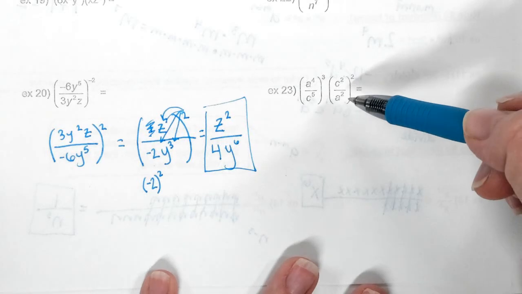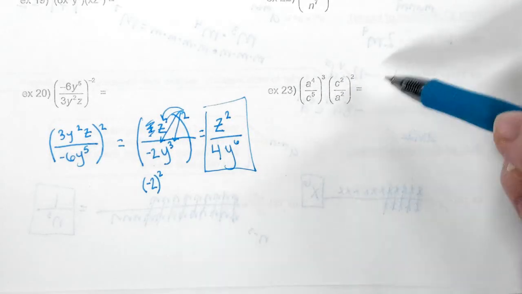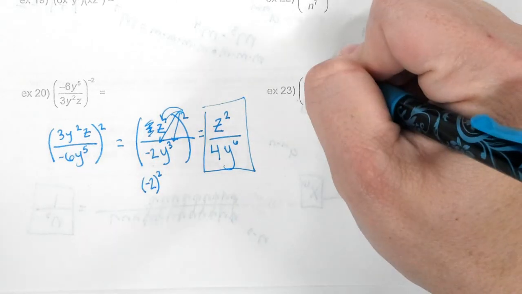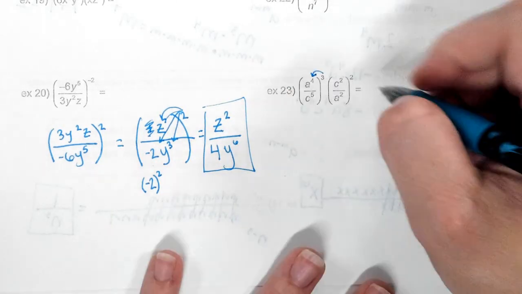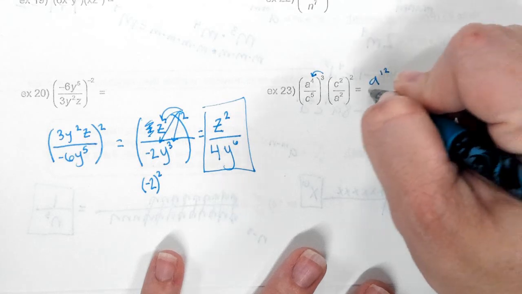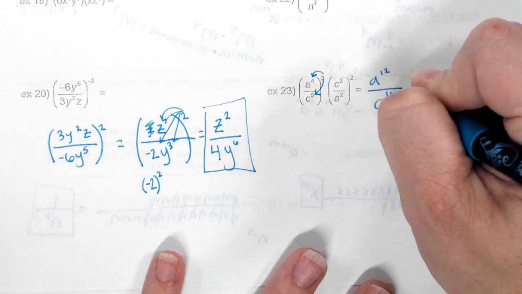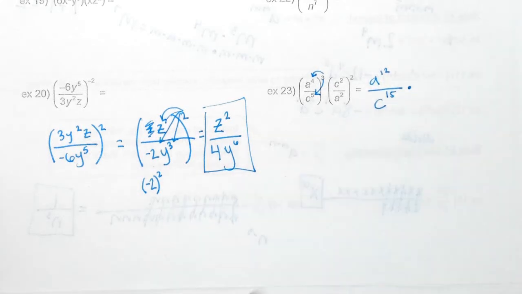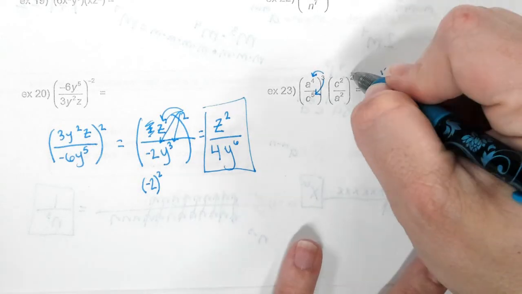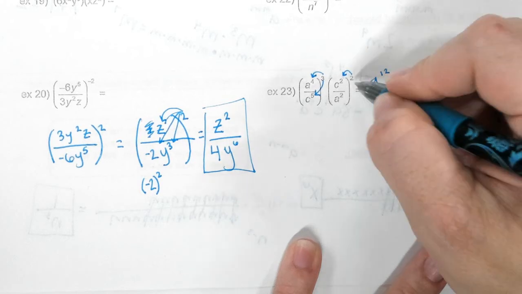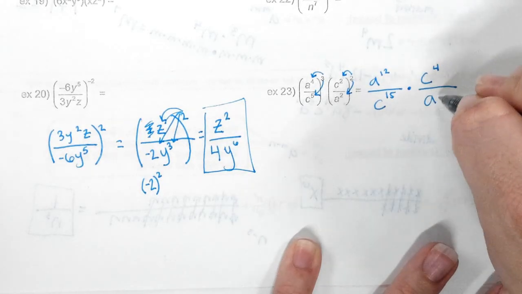Okay, last one I'm going to do with y'all. We're going to first follow power to a power because we have to get rid of our parentheses before we can simplify. So I'm going to multiply 3 times 4, which is a to the 12th, 3 times 5, which is c to the 15th, and multiplication because parentheses means multiply. 2 times 2, c to the 4th, over 2 times 2, a to the 4th.